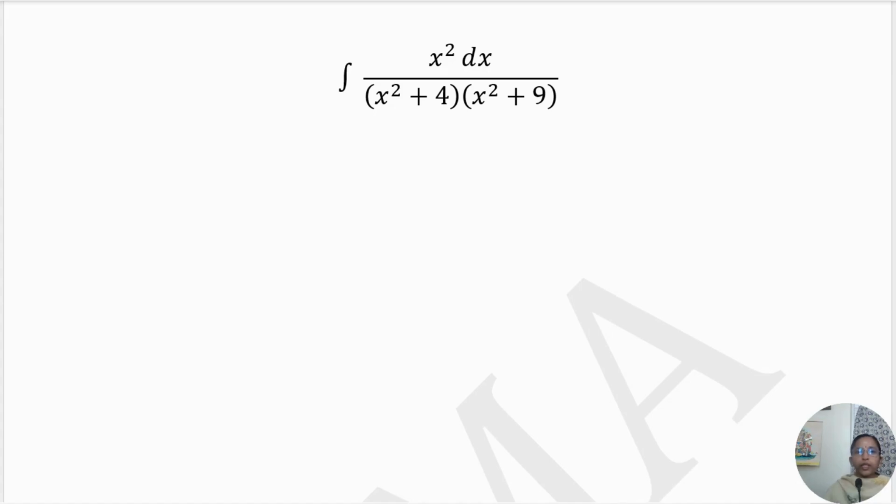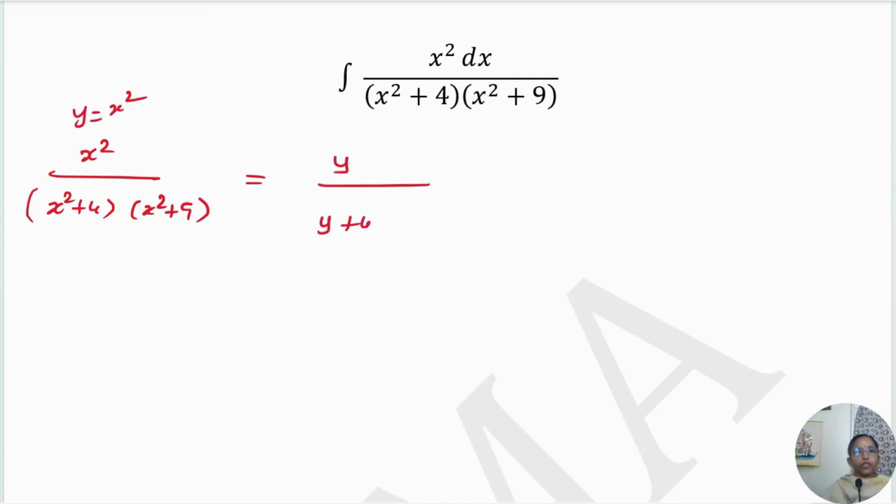Read this question. Integration x square dx divided by x square plus 4 into x square plus 9. So taking the value y is equal to x square, this can be written as y divided by y plus 4 into y plus 9.